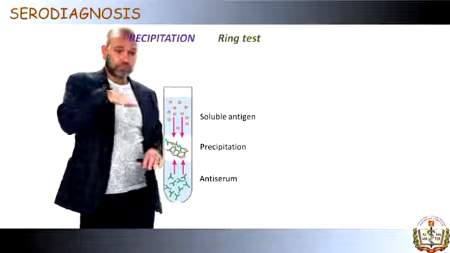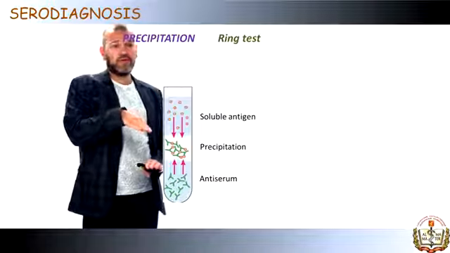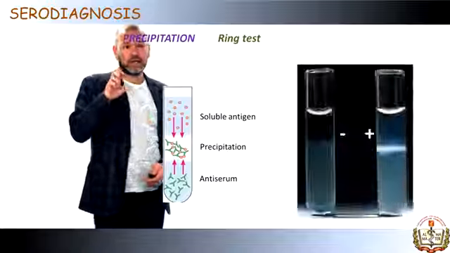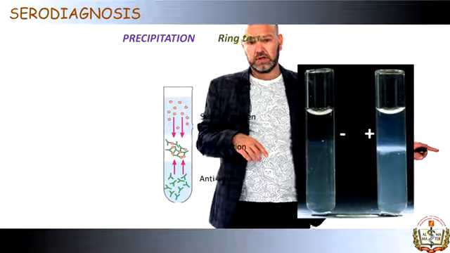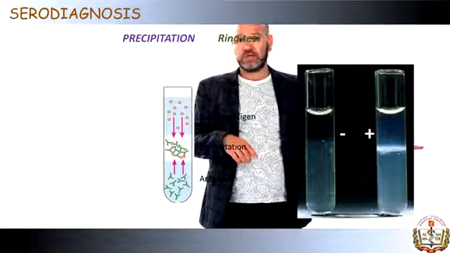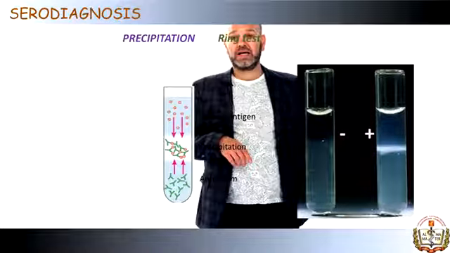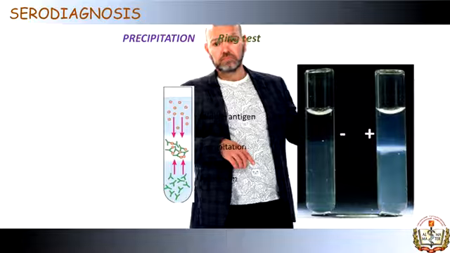So if you have precipitation, if antibody and antigens are matching, you will have that ring sediment between two liquid layers. And if you take a look against the light, you will have that translucent ring. It is a positive test. It is formed. Antibodies which can perform precipitation are known as precipitins.